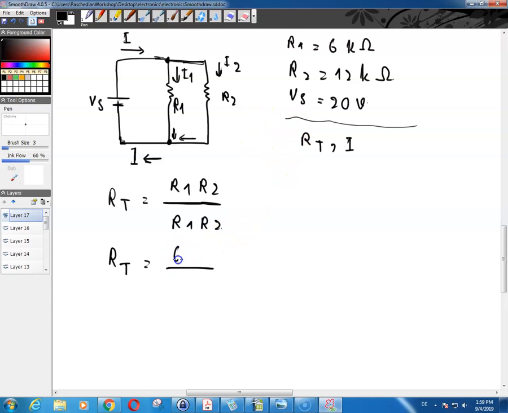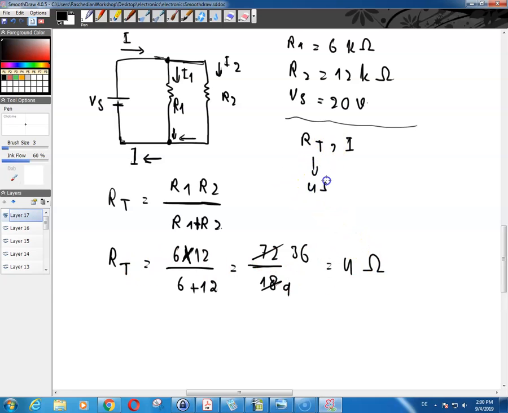So 6 times 12 over 6 plus 12, which is 72 divided by 18, which is the same thing as 36 divided by 9, and that is equal to 4. So your R of T is equal to 4 kilo ohm.